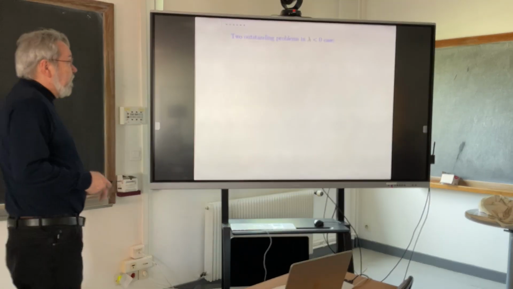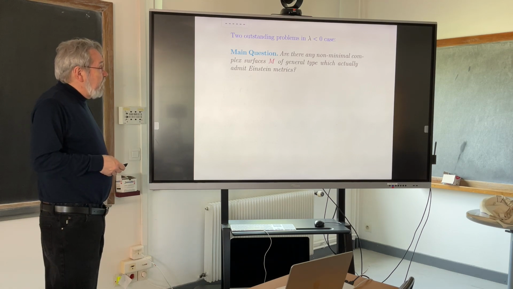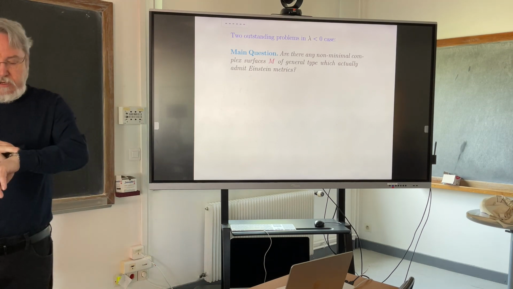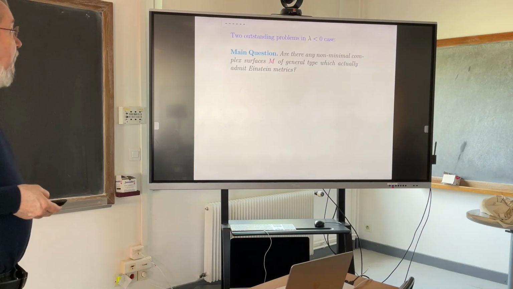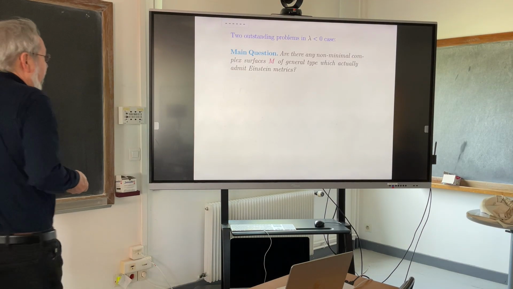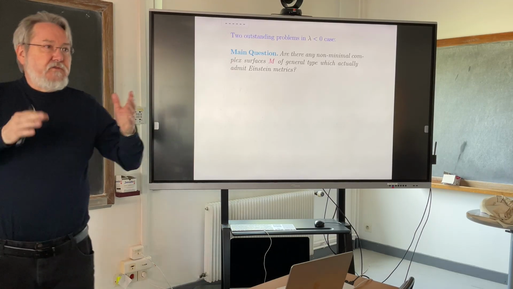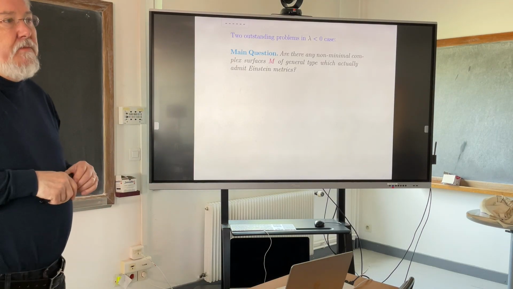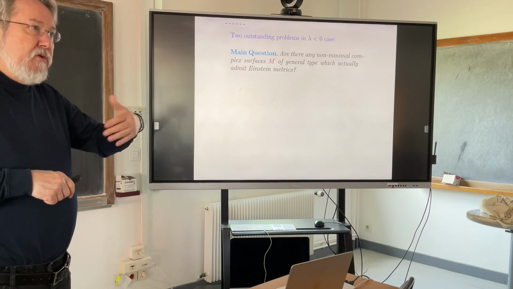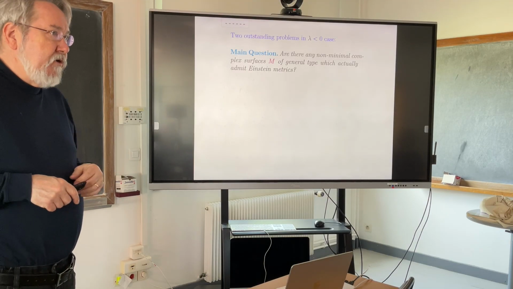All right, so in the lambda negative case, the question that this really naturally leaves us with is: are there any non-minimal complex surfaces of general type that actually admit Einstein metrics? Right? A minimal surface of general type, well, with a very mild extra condition, which you can usually get rid of by deforming, you don't want any -2 curves.